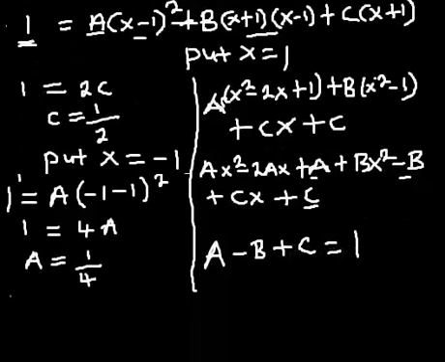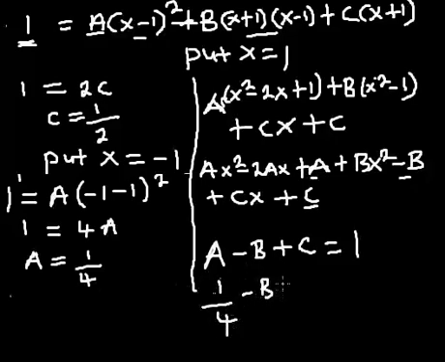So having gotten my a and c, it's easy for me to get my b. a, I got 1 all over 4, minus b, this is what I'm looking for, then plus c, I got 1 all over 2, right? So it's equal to 1.